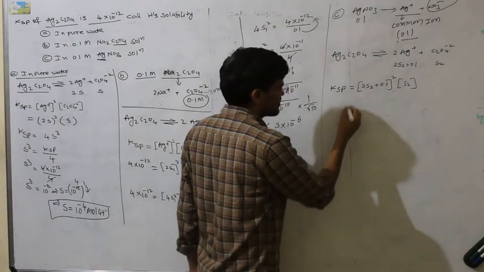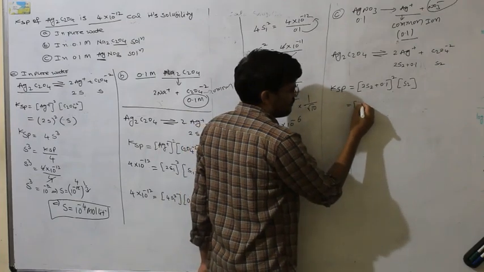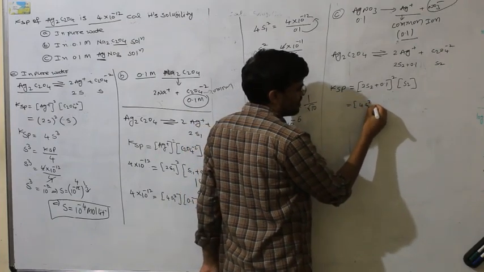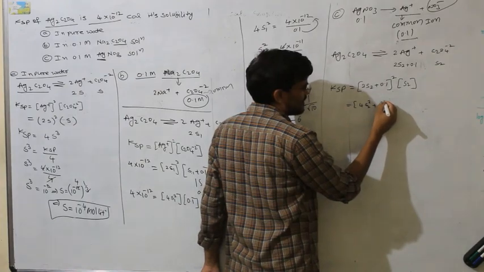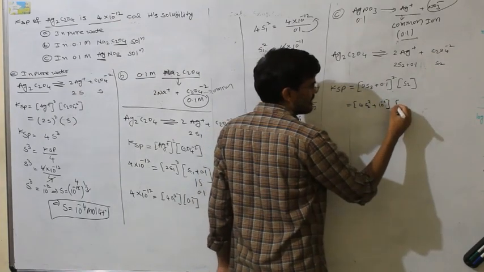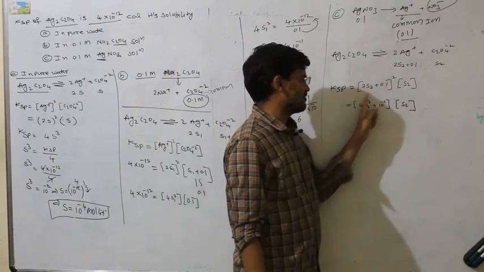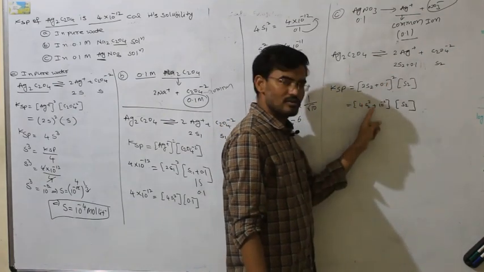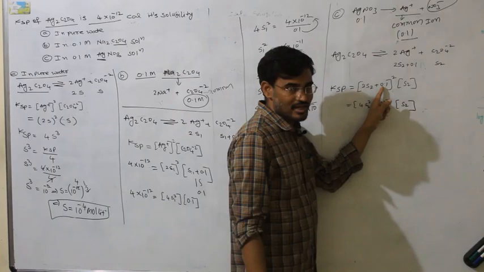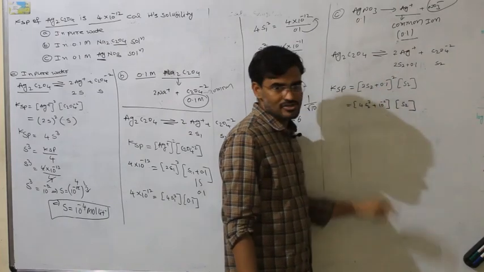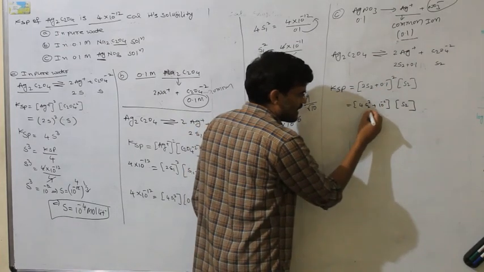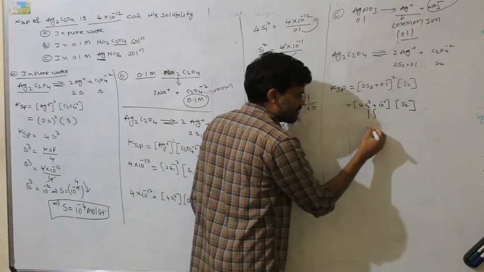This becomes 4S2 square plus 10 power minus 2 into S2. This square you do, 2 square, 4S2 square plus 10 power minus 1, 10 power minus 1 square, 10 power minus 2. This whole one I will approximate to 10 power minus 2 only.